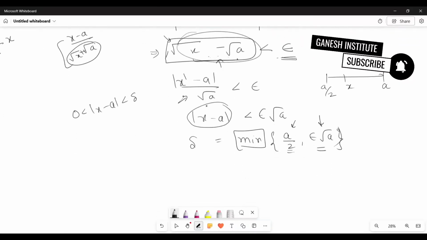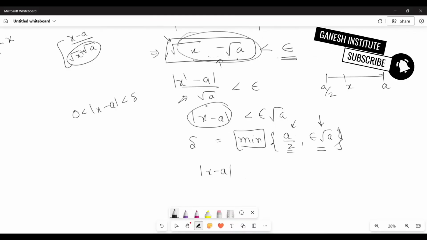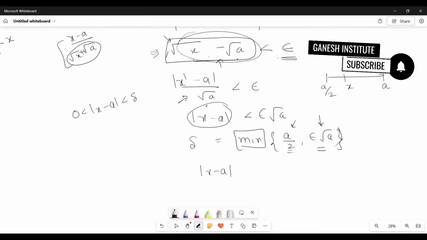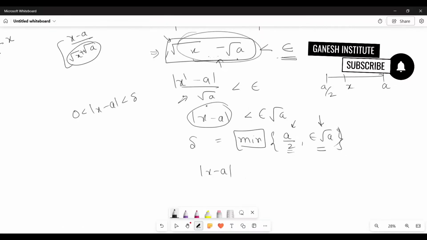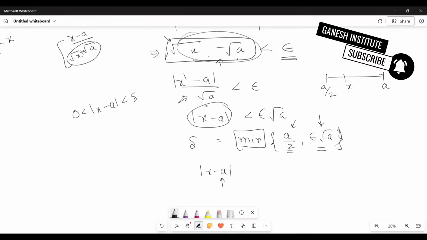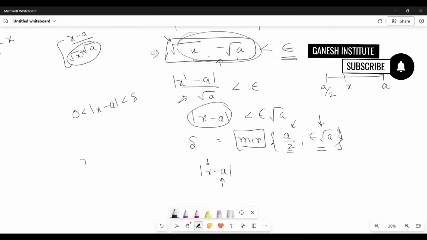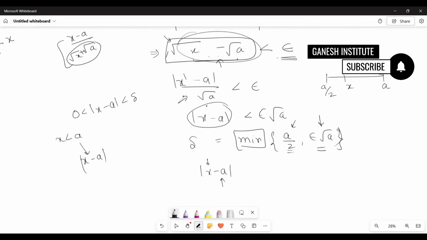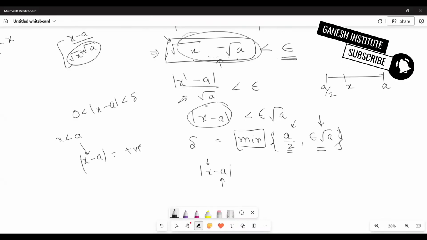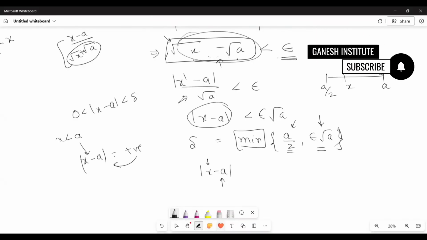And in spite of that thing to be considered, you have to say that, okay, delta is what? Greater. How? Because if you have x minus a, x is greater. So I know a is greater than x. So this negative value will also become positive because it is an absolute value.